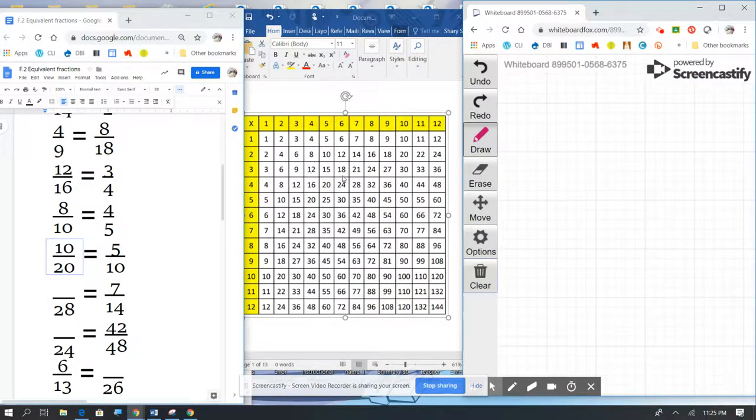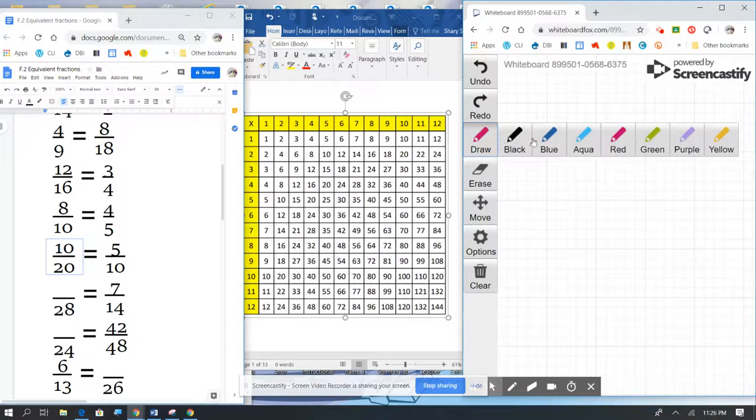Let's see the next one. 7, 14. So you look at 7 and 14, over 28. There are several places you can see 7 and 14, right? But then we're going to look at 28. We don't have 28 here. So let's find another 14. Okay, I guess the number is too big.